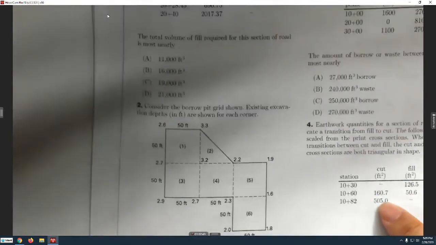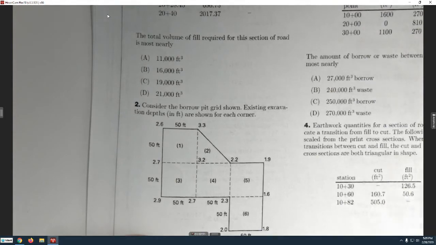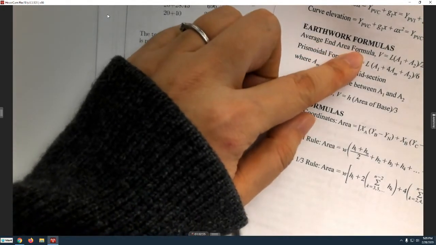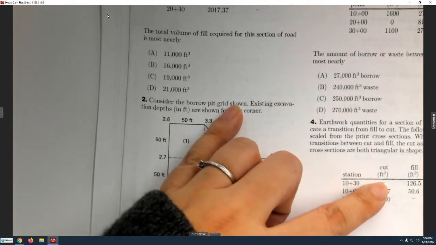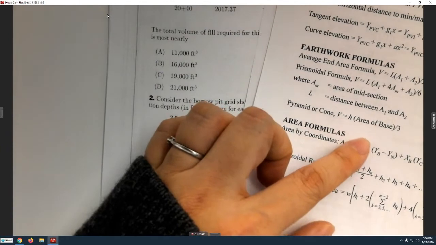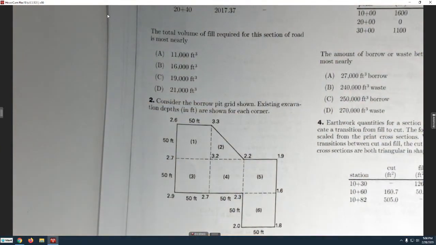Whenever there are 2 numbers available, you want to use, in the reference book, this one, the average end area formula. Whenever you see one number missing, you need to use this one, the pyramid or cone formula. So that's for earthwork.